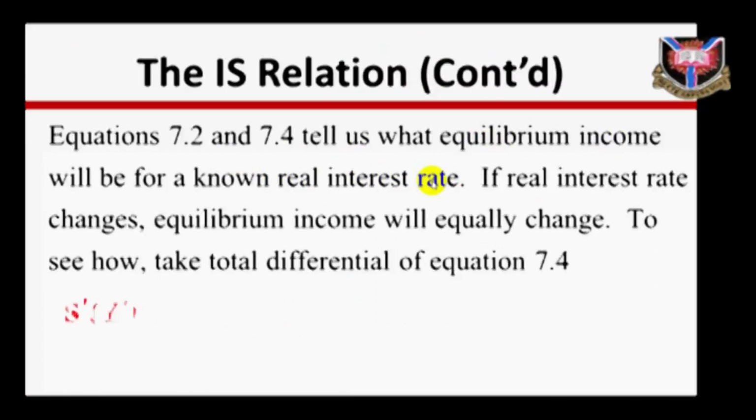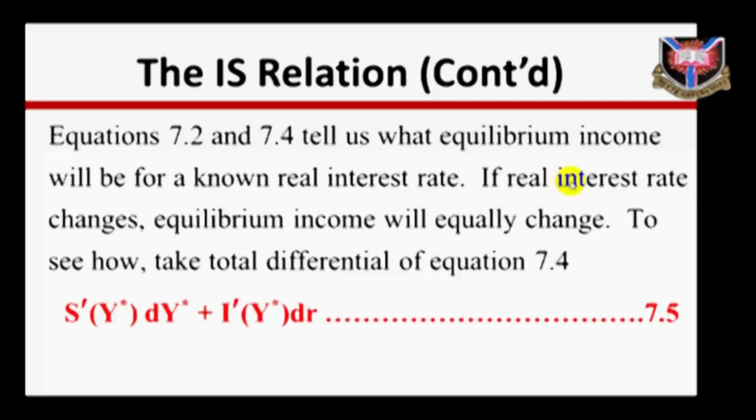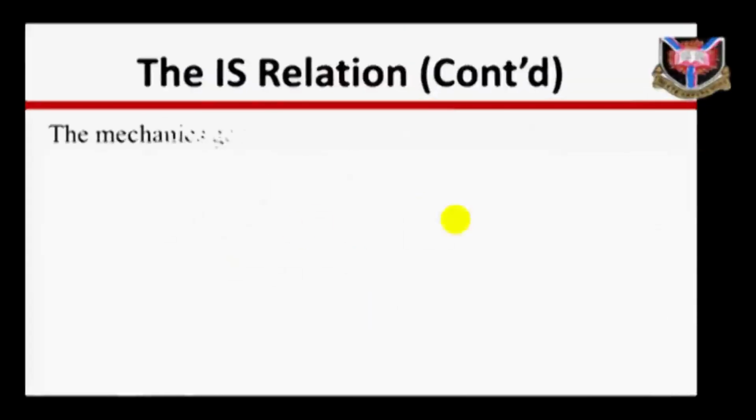If interest rate changes, equilibrium income will equally change. To see this, take the total differential of equation 7.4: S prime of Y asterisk dY asterisk plus I prime of Y asterisk dR. That is equation 7.5.